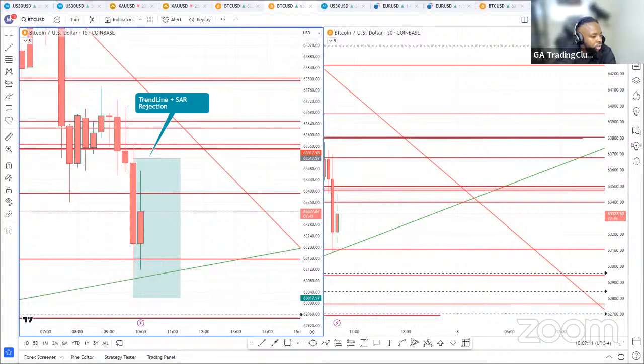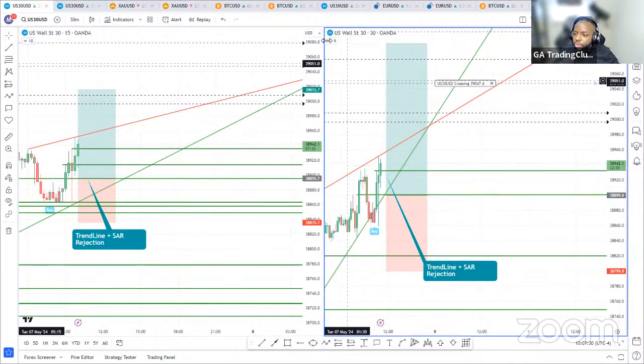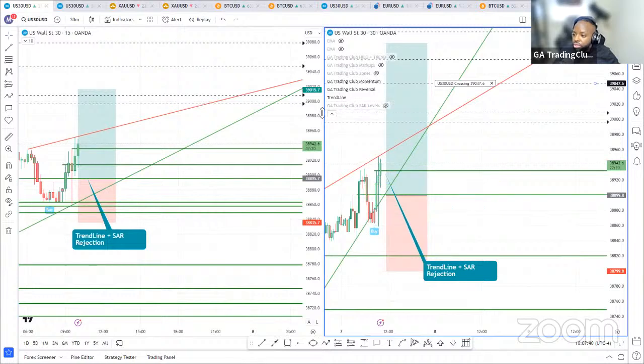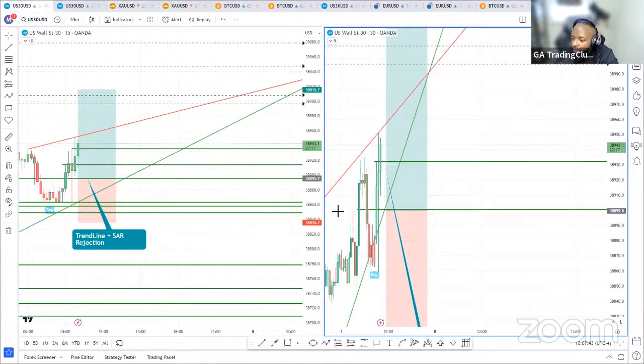Actually, you know what? For US 30, my bad. As much as we have supply there, with the SAR levels, we do have these 5-minute, 15-minute, and 30-minute SAR levels. So actually, never mind. These trades for US 30 are still valid.